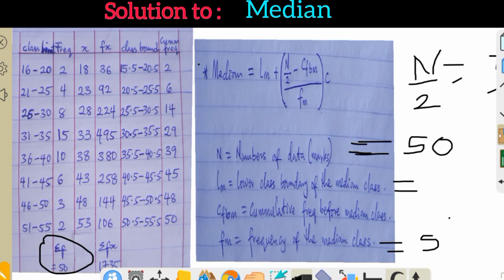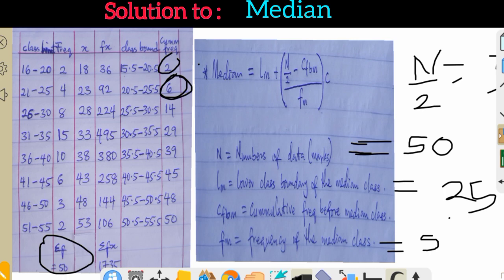Check for the class that falls into the 25th position. Our 25th position will not be in this place, because this one stops at 6. It will not be here either, because this one stops at 2. We have 1 to 2 here, and from 4 to 6 at this place here.